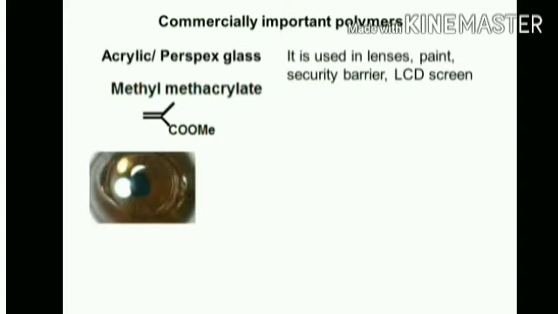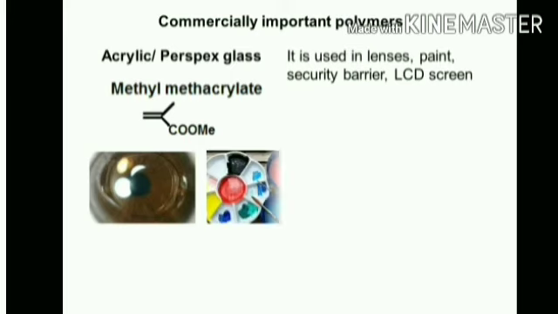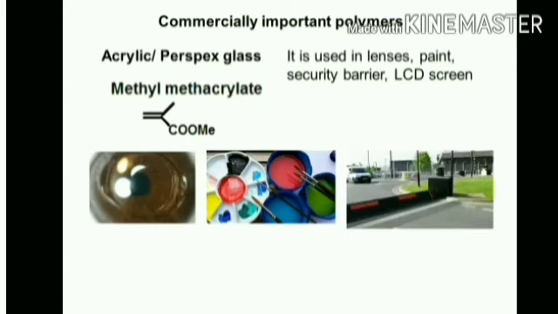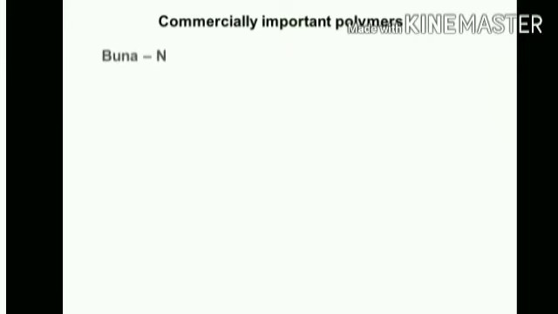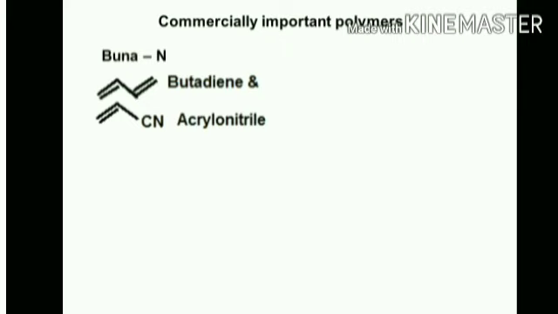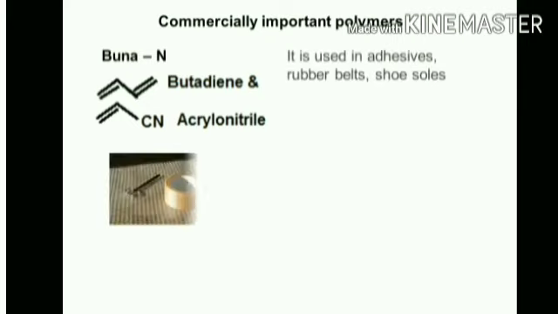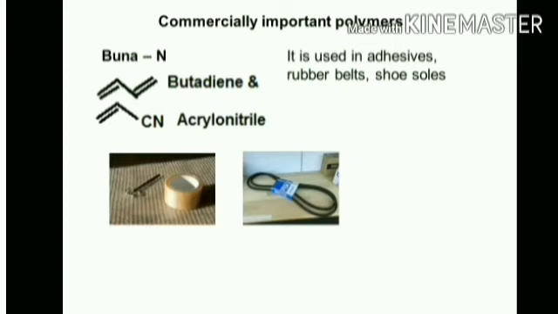It is used in lenses, paint, security barriers and LCD screens. Next, Buna-N, which contains two monomers, butadiene and acrylonitrile. It is used in adhesives, rubber belts, shoe soles.